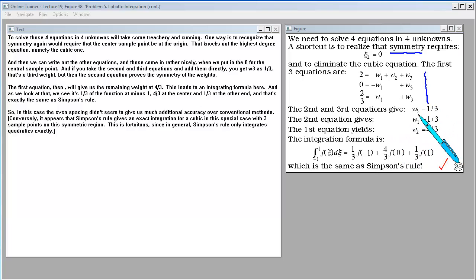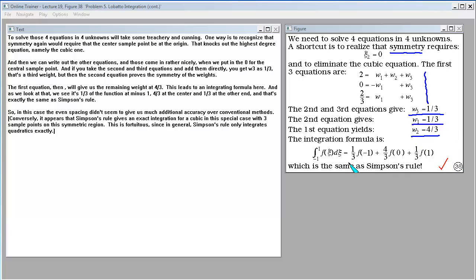And if you take the second and third equations and add them directly, you get W3 is a 3rd. That's a 3rd weight. But then the second equation proves the symmetry of the weights. The first equation then will give us the remaining weight at 4/3.